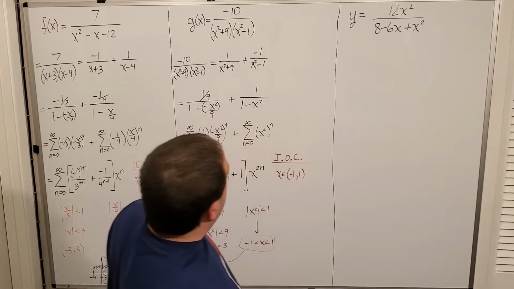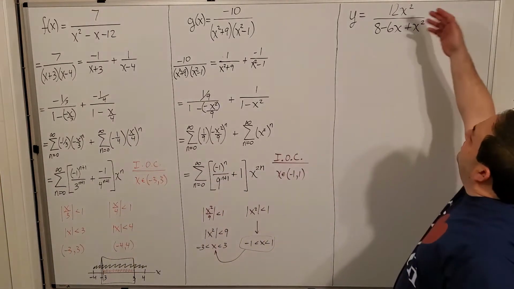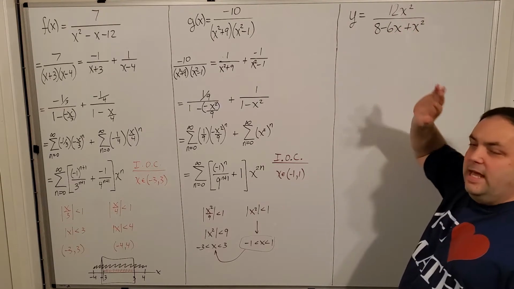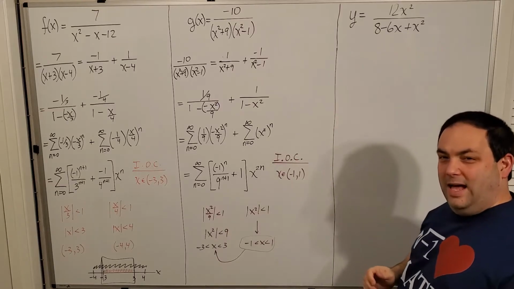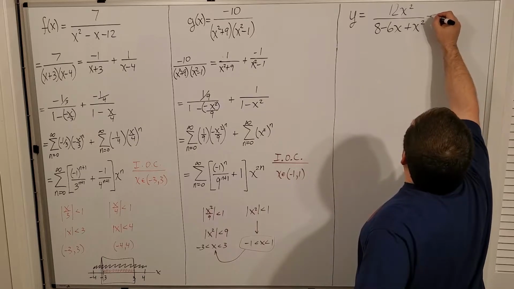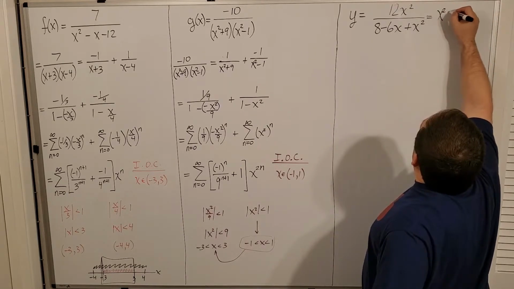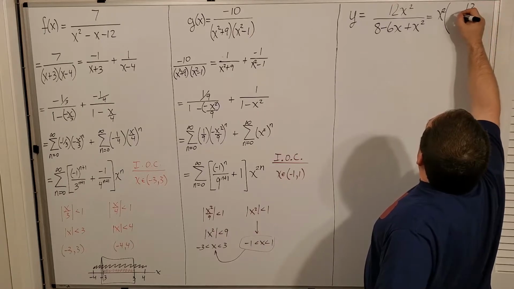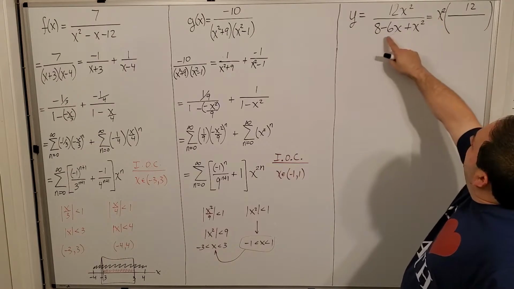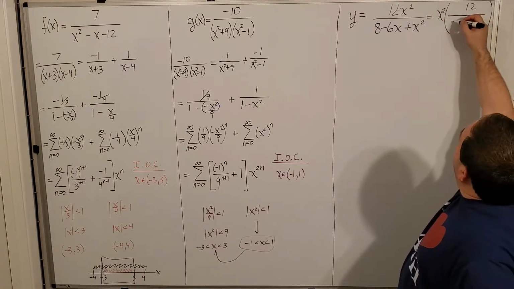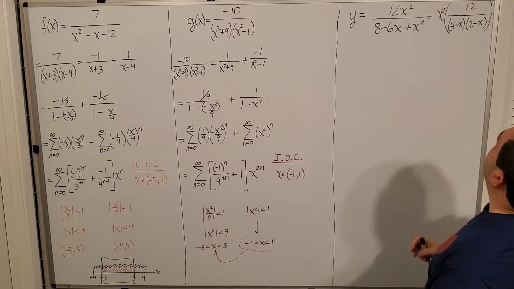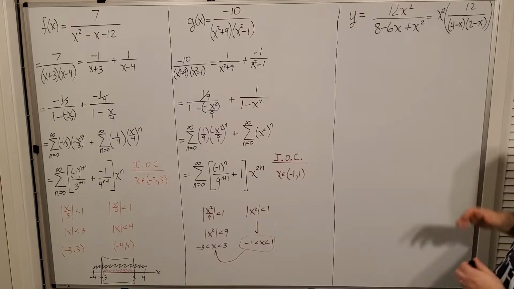Okay, next one. This one's slightly different because it has a variable in the numerator. But just like one that I did earlier, I'm going to take that x squared and just pull it outside. I'm going to rewrite this function as x squared times 12 in the numerator, like this. And I'm going to factor out this denominator. That's going to give me 4 minus x times 2 minus x. Okay? Now I know what you're thinking.